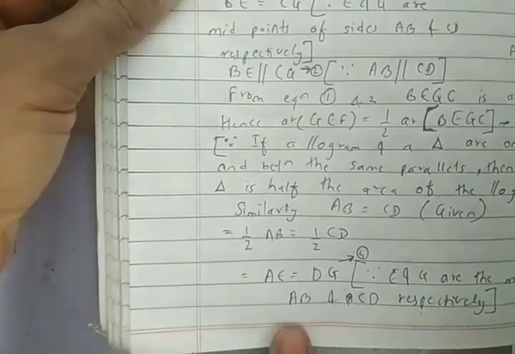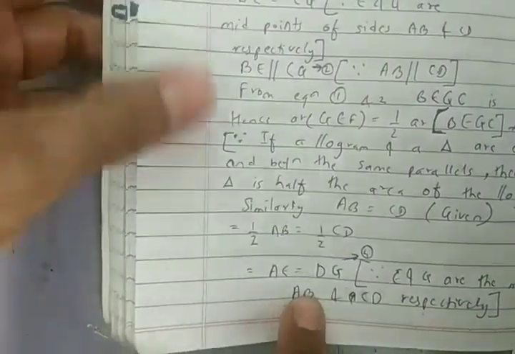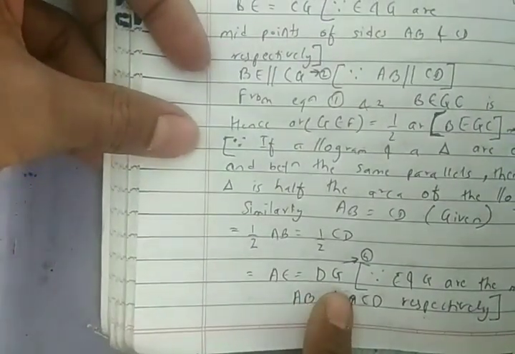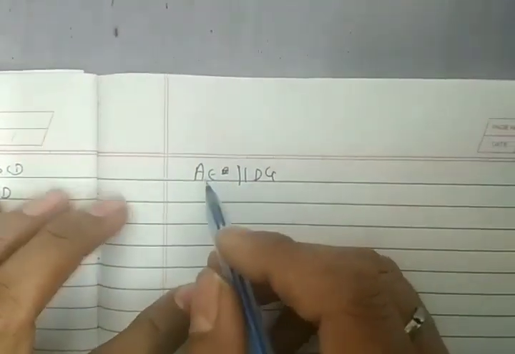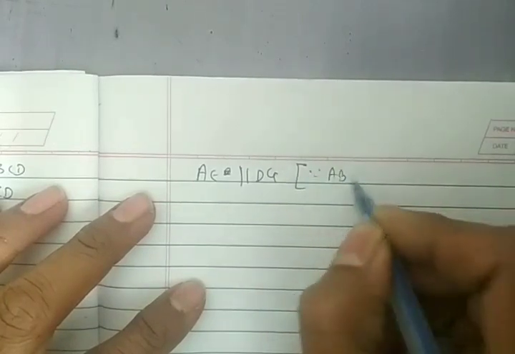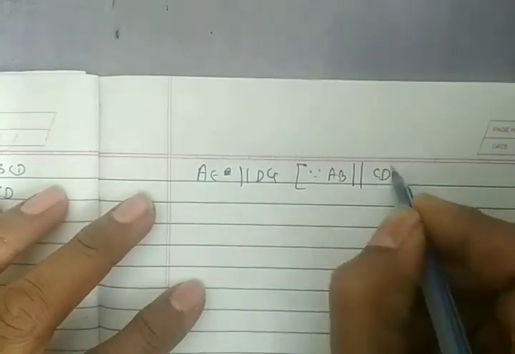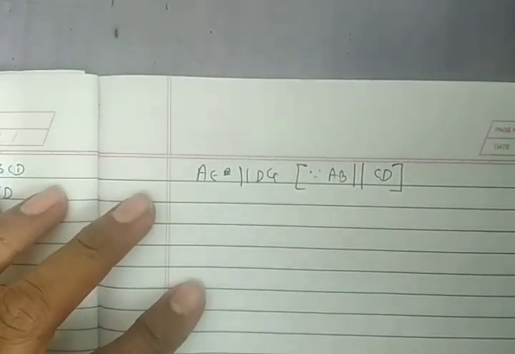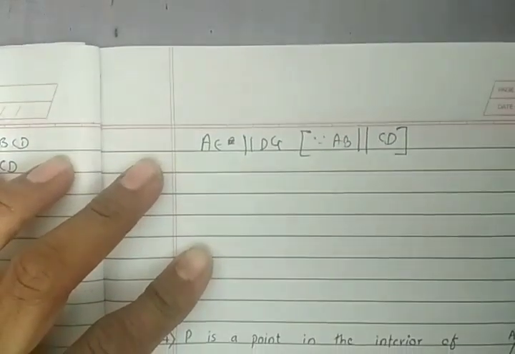Here we have proved that AE is equal to DG, and here we have proved that AE is parallel to DG. Why? Because AB is parallel to CD, so their parts will also be parallel.